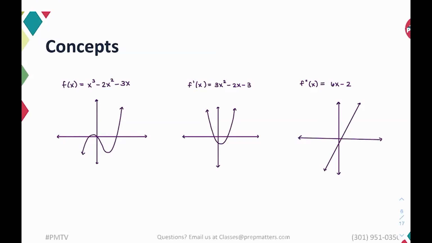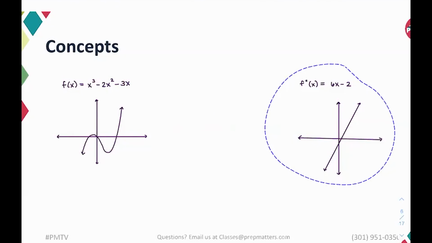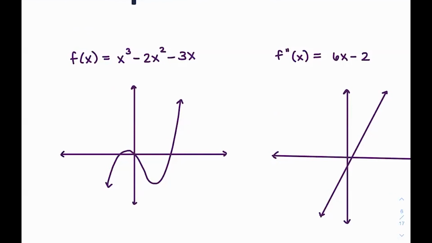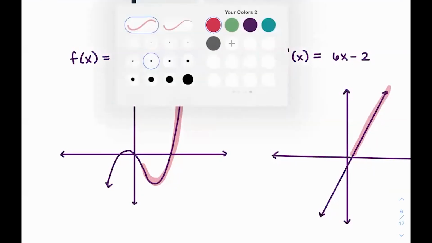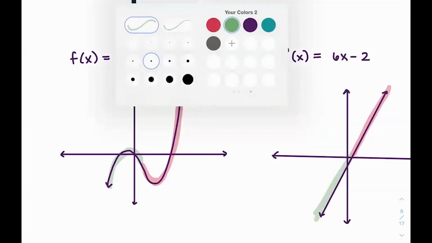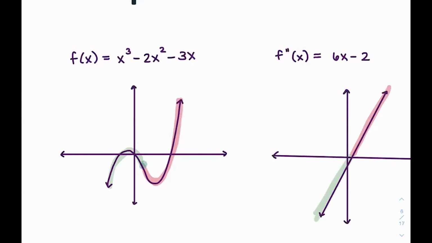So where a function is concave up, its second derivative is positive. Where a function is concave down, its second derivative is negative. Where a function is changing concavity, we call this a point of inflection, the second derivative is equal to 0.